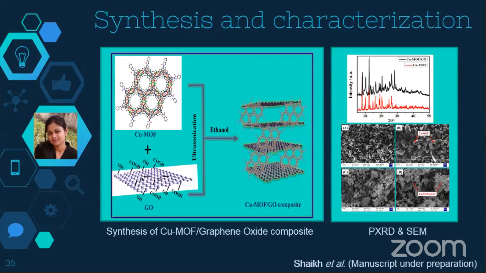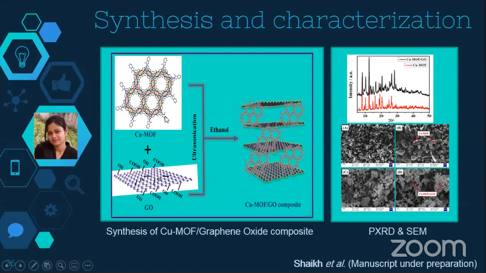For that, I would need a different lecture to tell you how it works and what the applications are. That's an entirely different research area, metal organic framework. So we prepared a copper MOF by using copper as a metal ion, and then you have linkers. We used one of the linkers which can create this copper MOF.